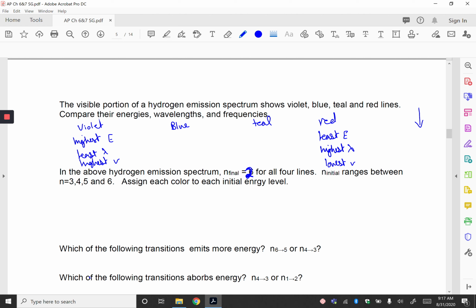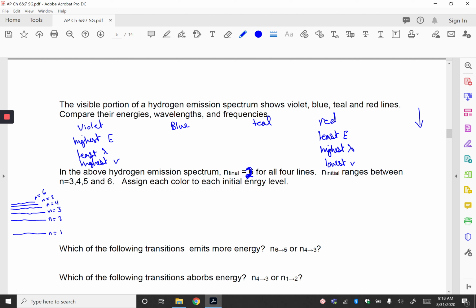So let's think about this. So if this was N equals 1, N equals 2, N equals 3, N equals 4, N equals 5, and then finally N equals 6. What we're saying is that the initial energy level, one of them is a 3, one of them is a 4, one of them is a 5, one of them is a 6.